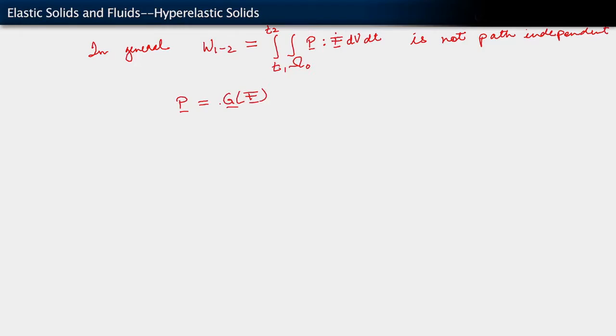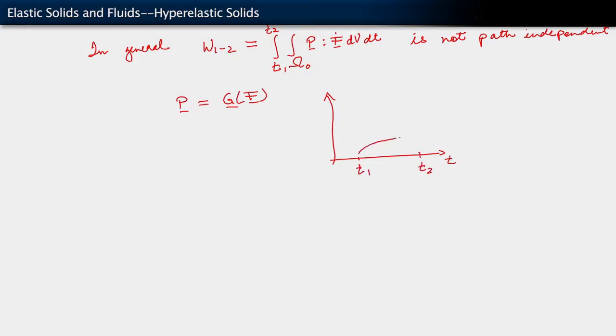you can actually end up generating work in closed paths of this type. You can actually generate work in going from T1 to T2.